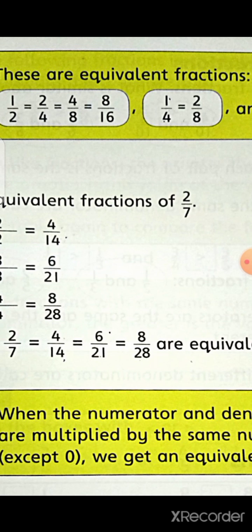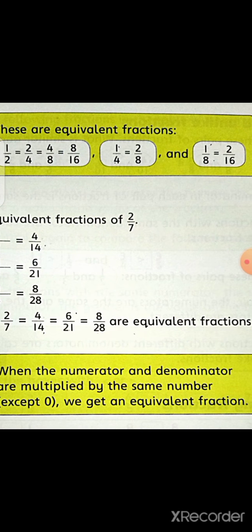In the same way, when 1 over 2, numerator and denominator, are multiplied by 8, the new fraction becomes 8 over 16. So 1 over 2 is equal to 2 over 4, 4 over 8, and 8 over 16. These are the same, equal to 1 over 2.